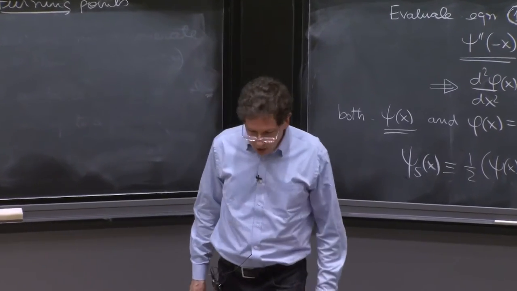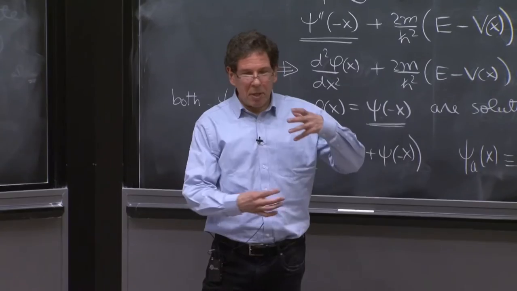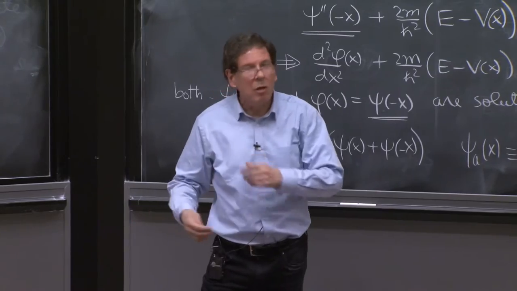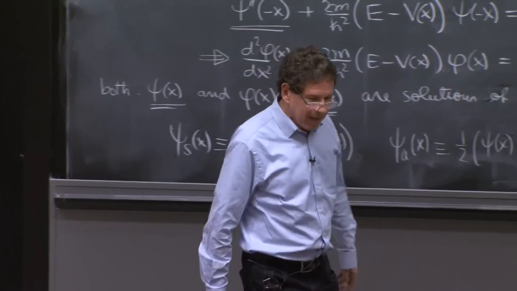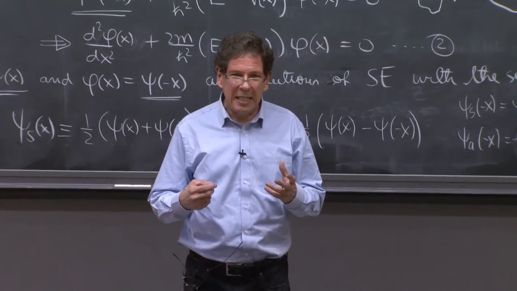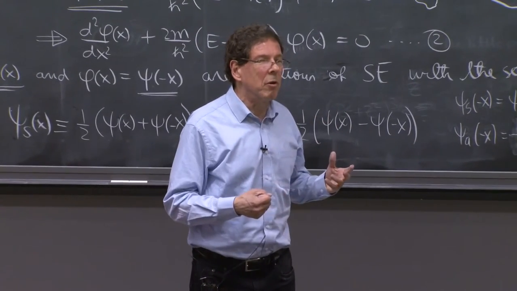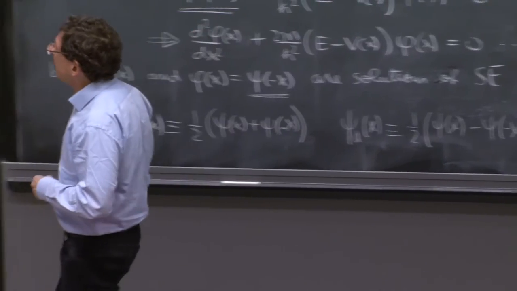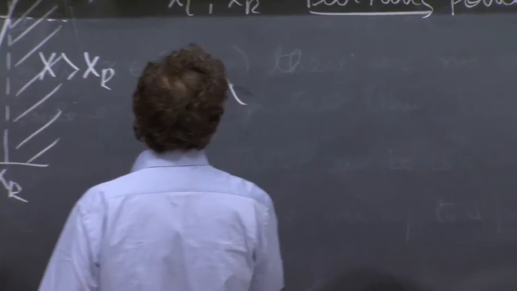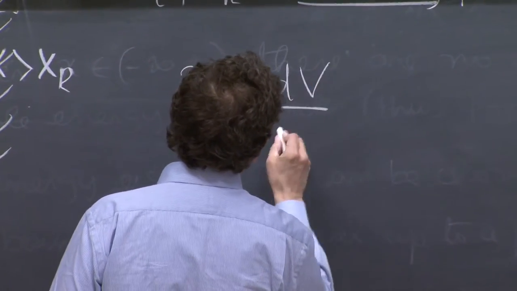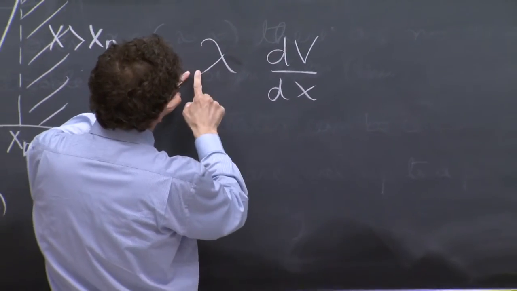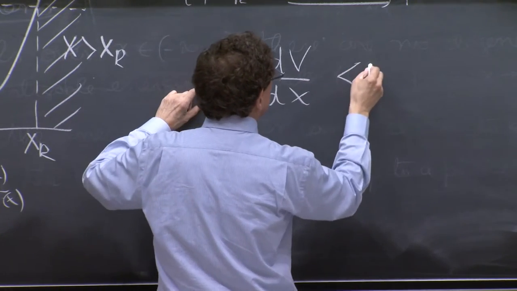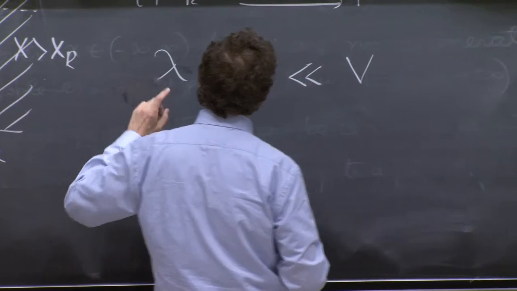So the change in the potential over the relevant distance must be small compared to the potential. But what is the relevant distance? If we use the intuition from quantum mechanics, it is the de Broglie wavelength at any point. That is sort of what the quantum particle sees. So what we need is that the change in the potential over a de Broglie wavelength, take the derivative multiplied by the de Broglie wavelength, must be much smaller than the potential itself.